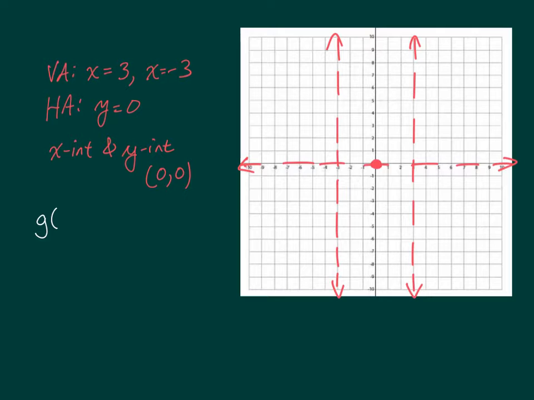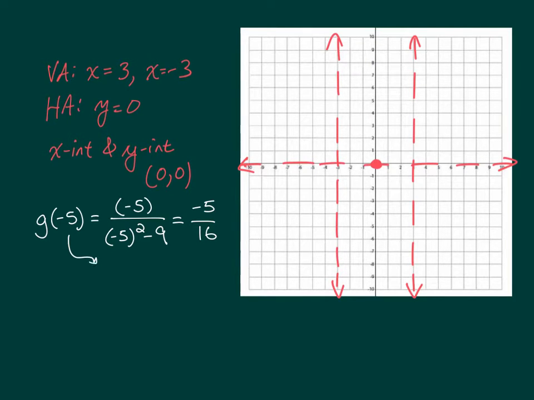So I will choose negative 5, and that means we will have negative 5 over negative 5 squared minus 9. And when you use your order of operations and simplify this down, the result is negative 5 over 16.